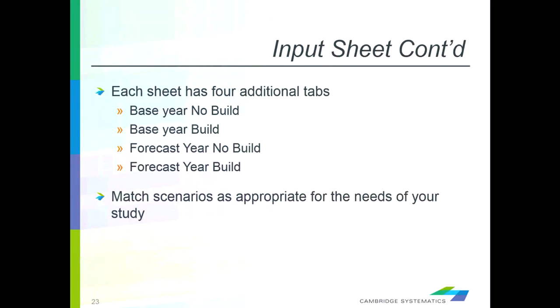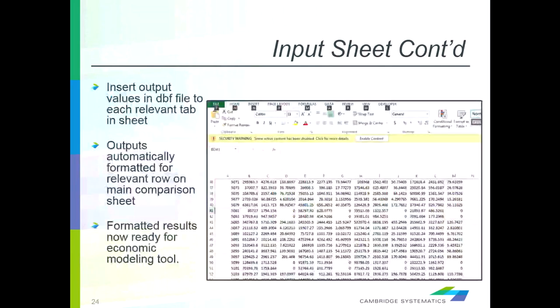So we have these tabs, and as I was just mentioning, Paula, you basically copy and paste the DBF information into those tabs, and it will automatically populate the main sheet in the correct format and order.